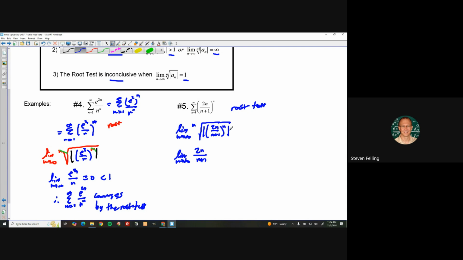I'm omitting the absolute value because n is always positive. That is 2 because the degree is the same. It's greater than 1. Therefore, the series n equals 1 to infinity of 2n over n plus 1 to the nth power diverges by the root test.